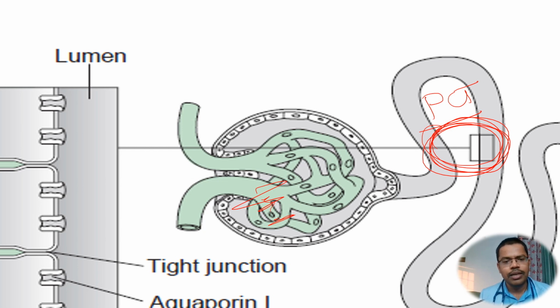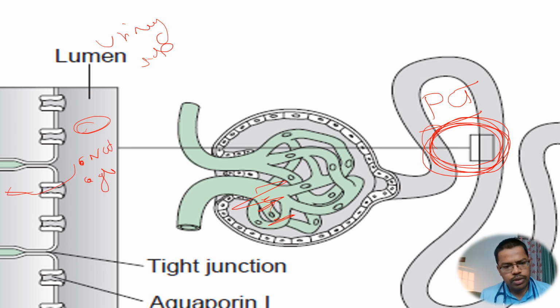One among them is the sodium glucose co-transporter, on the lumen or urinary side. If sodium and glucose are there, both will be absorbed through this particular channel, and that is being blocked by this drug. So what will happen once this is blocked?